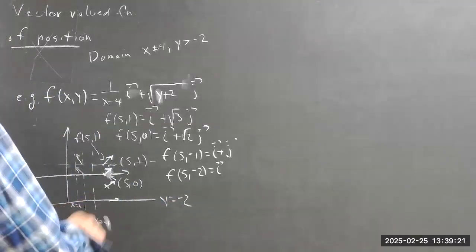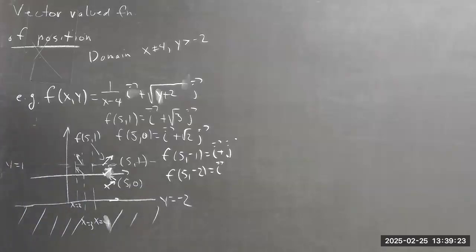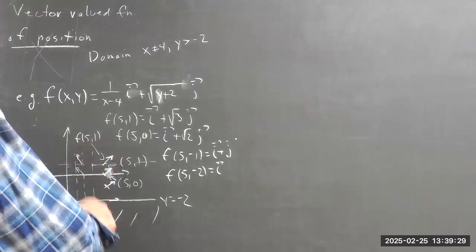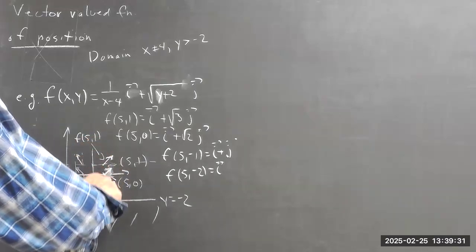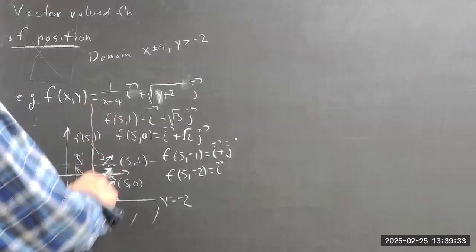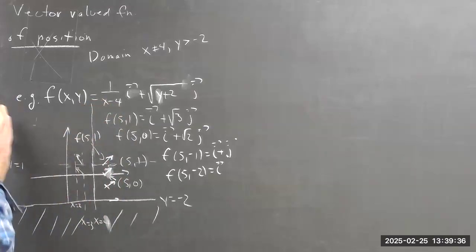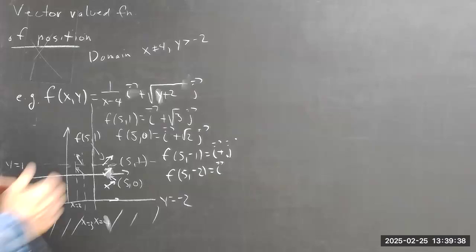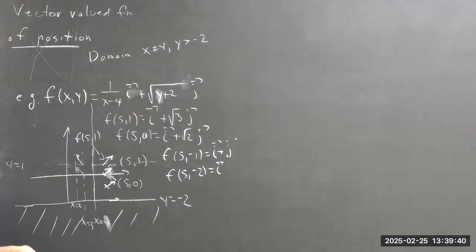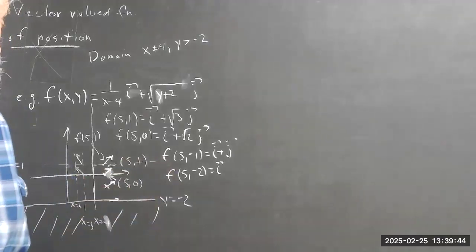All this stuff down here is excluded from the domain, right? And then you also exclude this vertical line where x equals 4. So this leaves you this chunk of a plane and this chunk. Does that make sense? So the function is only defined in these quarters.